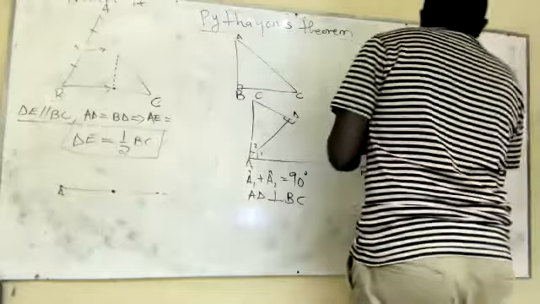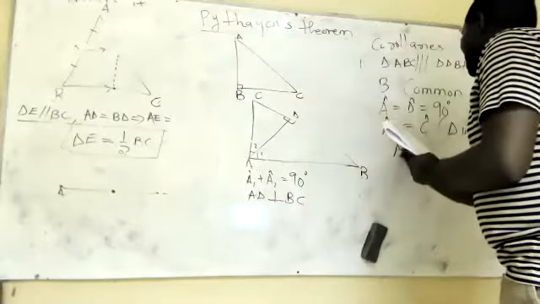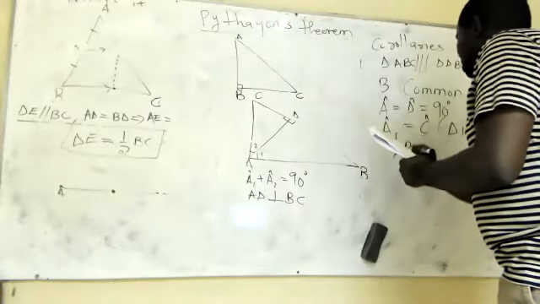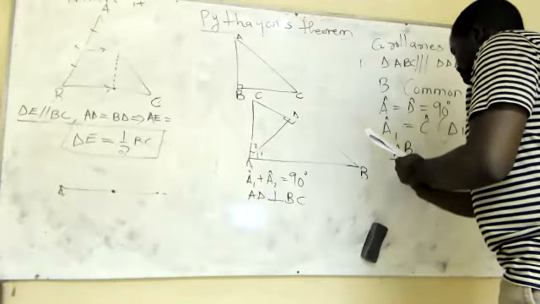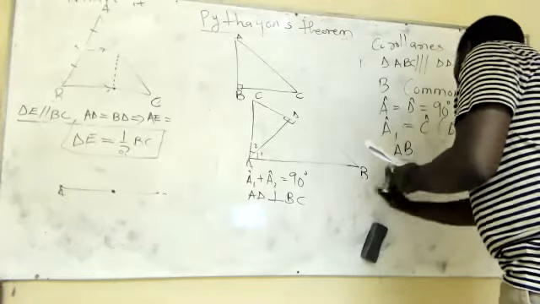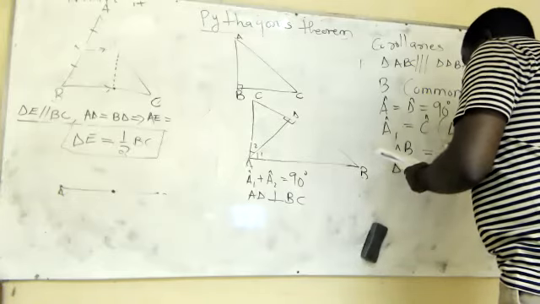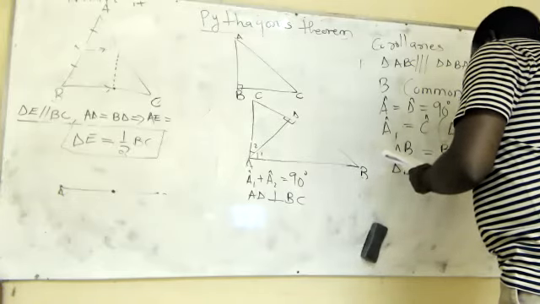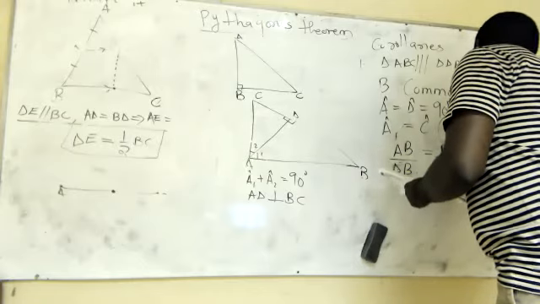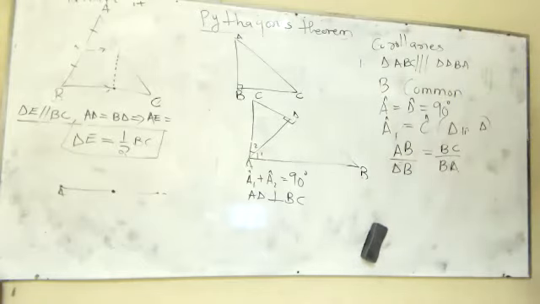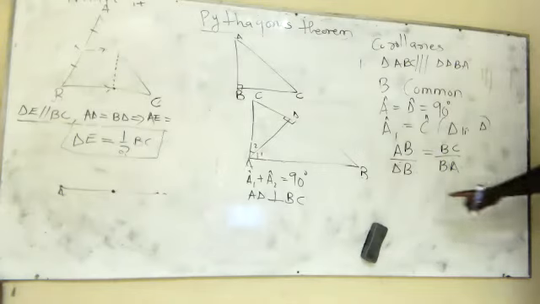So this is what you can say: the side AB divided by DB is equal to BC divided by BA. That is what we can say about this.